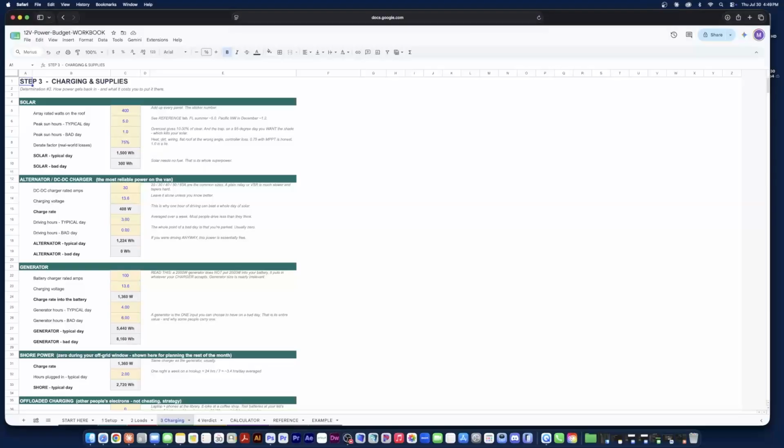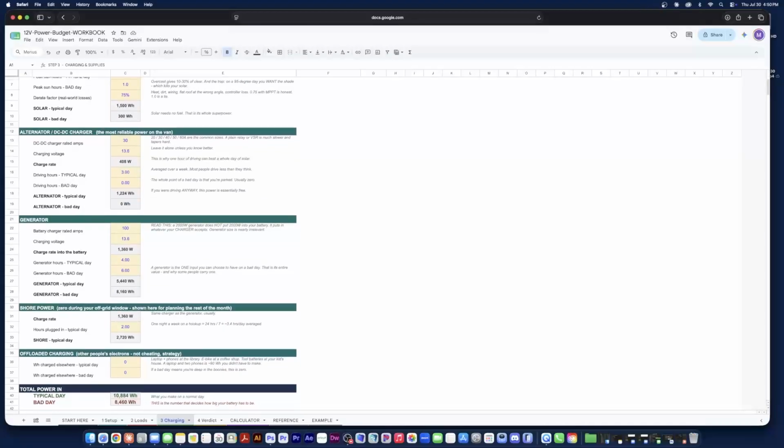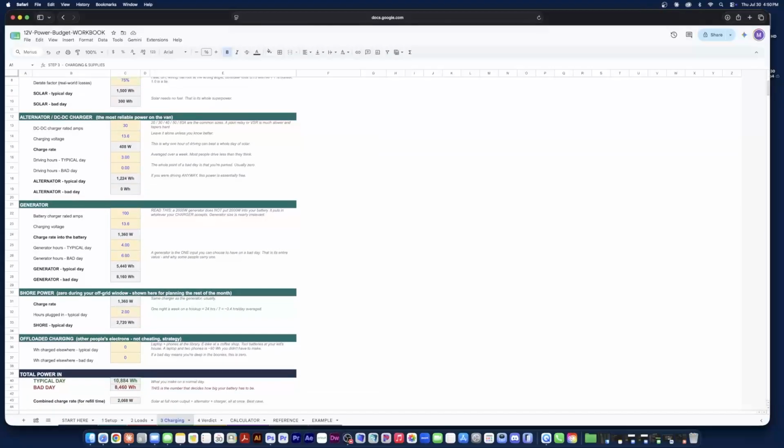You can get one that pulls in more, but I think it's a really hard draw on your battery, on your alternator of your car. And I've just got an SUV, so I plan on using a DC to DC charger at a lower wattage and no more than 400 watts. So I've got 408 watts, 3 hours a day of typical driving. May not even have that on a lot of days, but those are days I'm moving around. 1,224 watt hours that I'll generate from that, from 3 hours of driving.